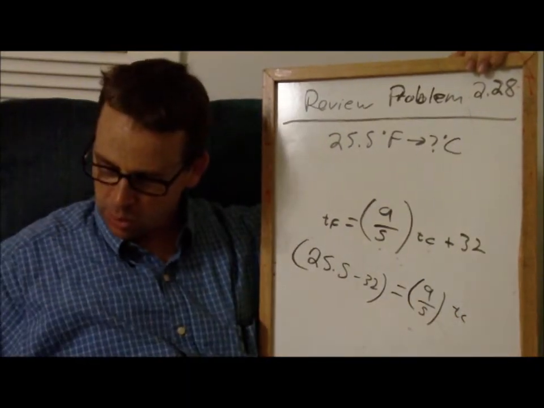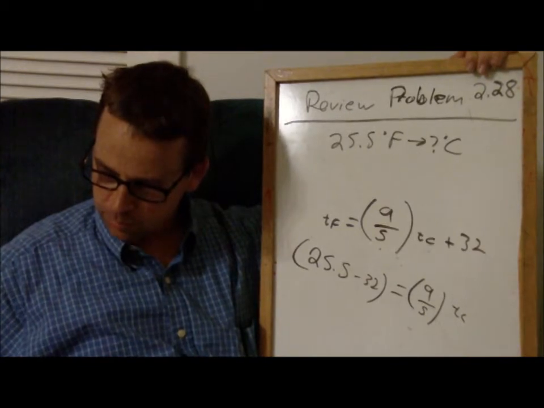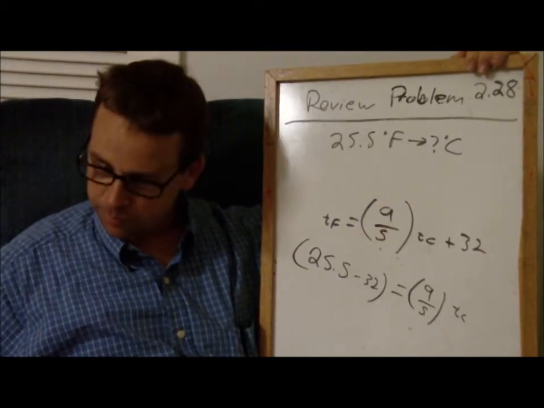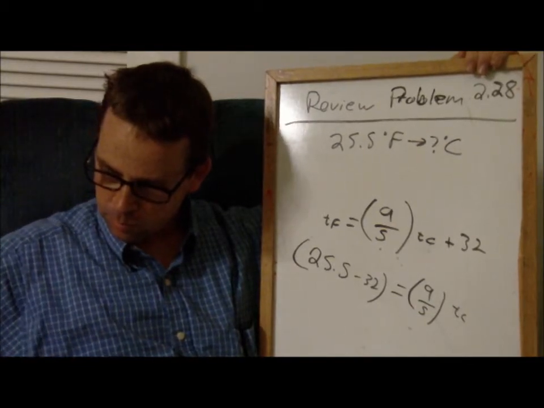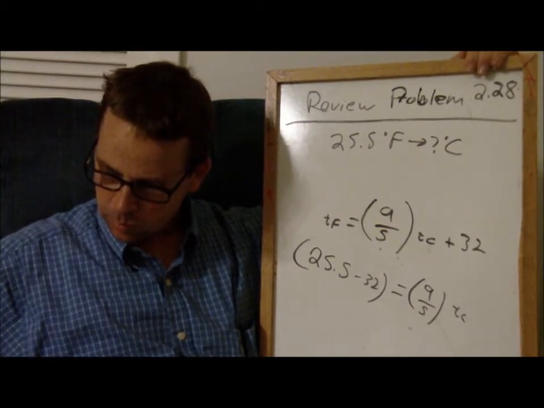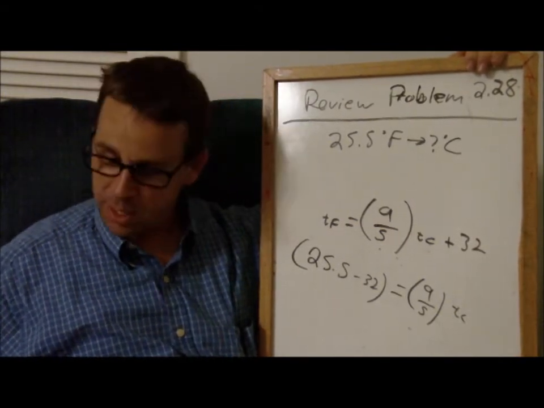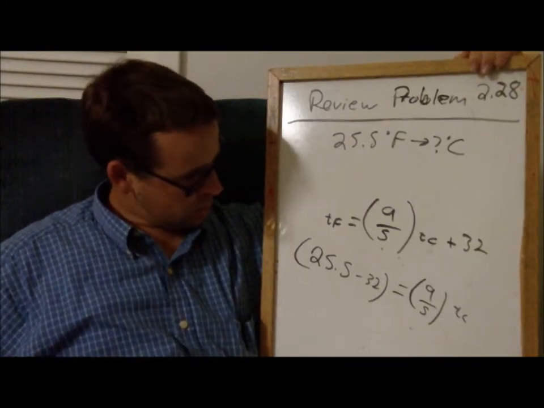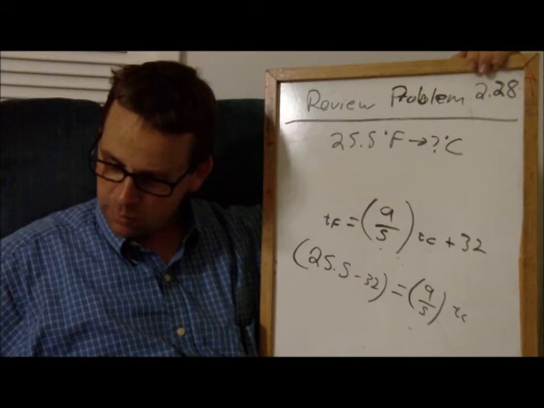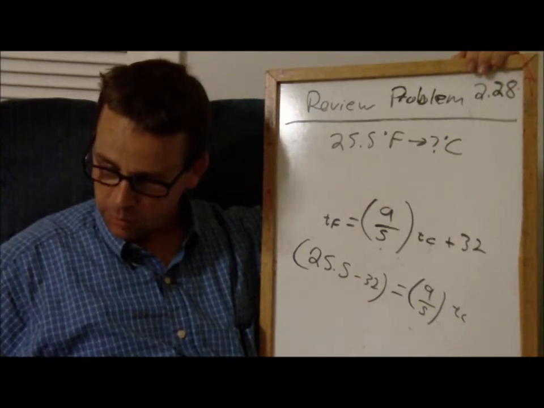So we have 25.5 minus 32 times 5 divided by 9.